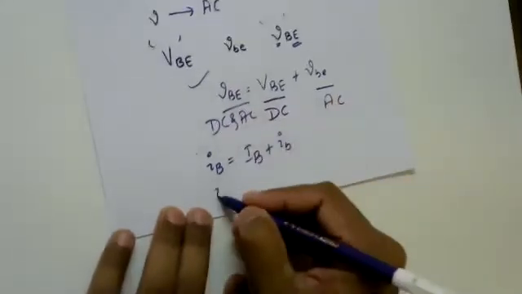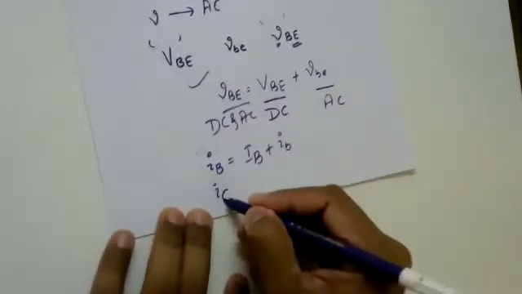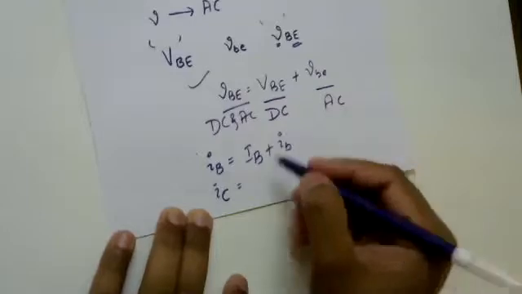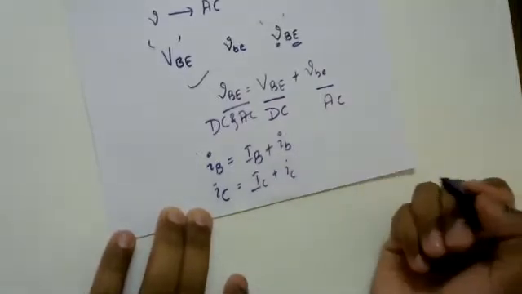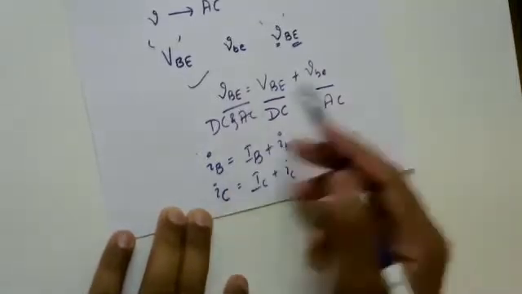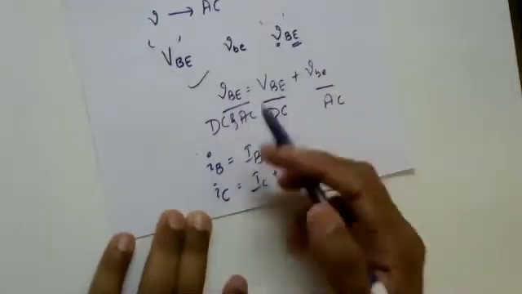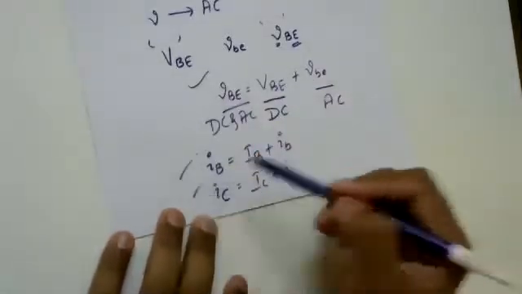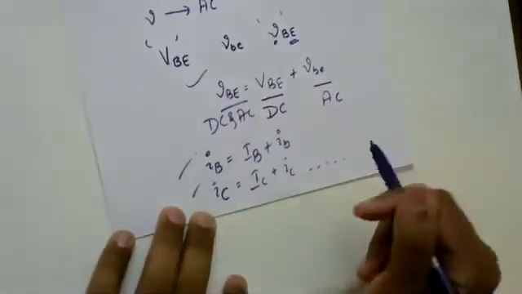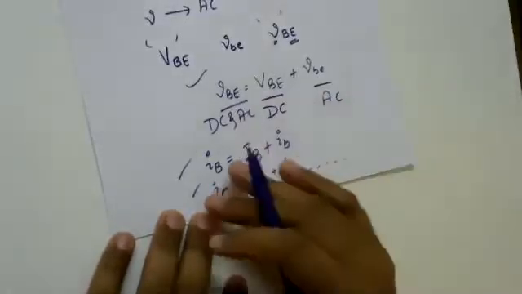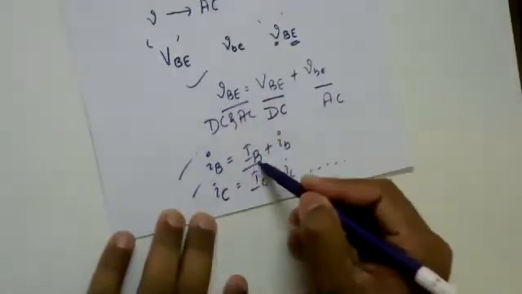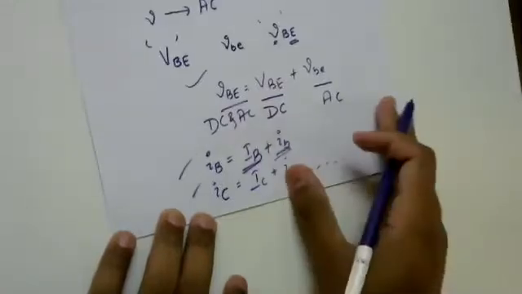Similarly, the equation for iC can be written as IC plus ic. So any parameter, maybe vB, iB, iC, and so on in your transistor analysis, can be composed of a DC quantity and an AC quantity.